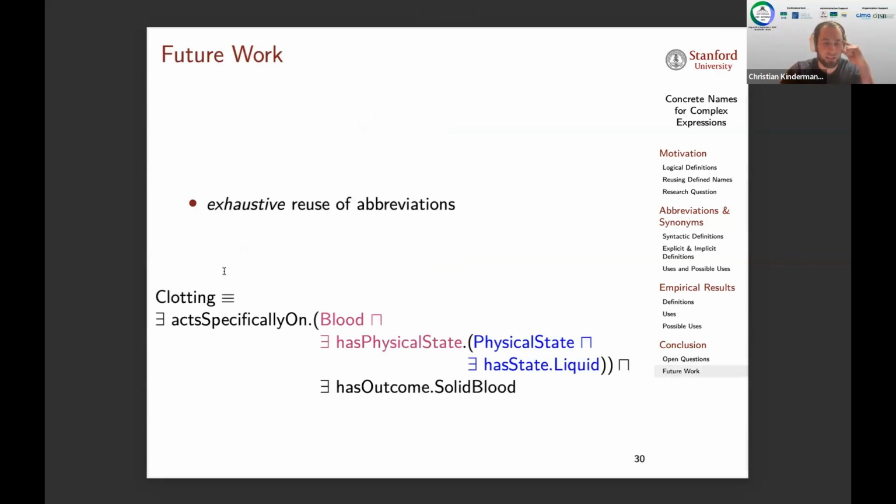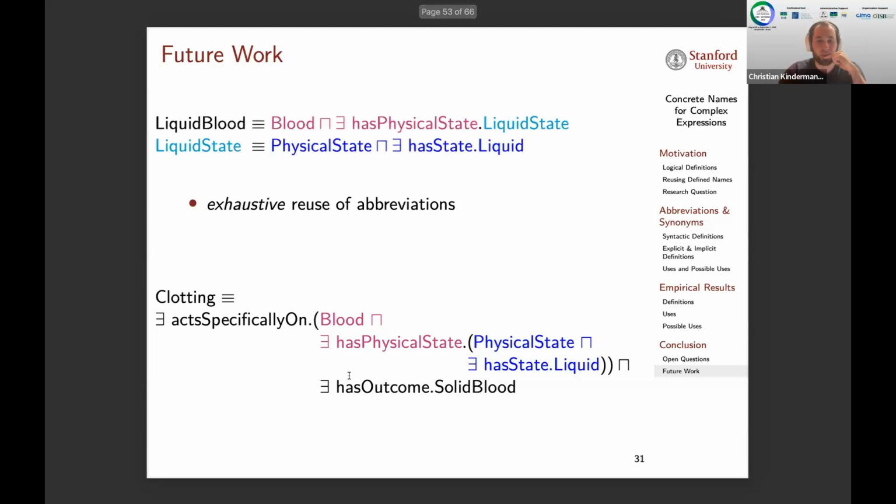Let's just look at the logical definition of the term clotting again. So we can see that there's a bit of nesting of logical constructors going on here. And what we could now do is we could define multiple different intermediate terms and could give them names, right? And then we could do this replacement of the complex class expressions with named entities iteratively, right?